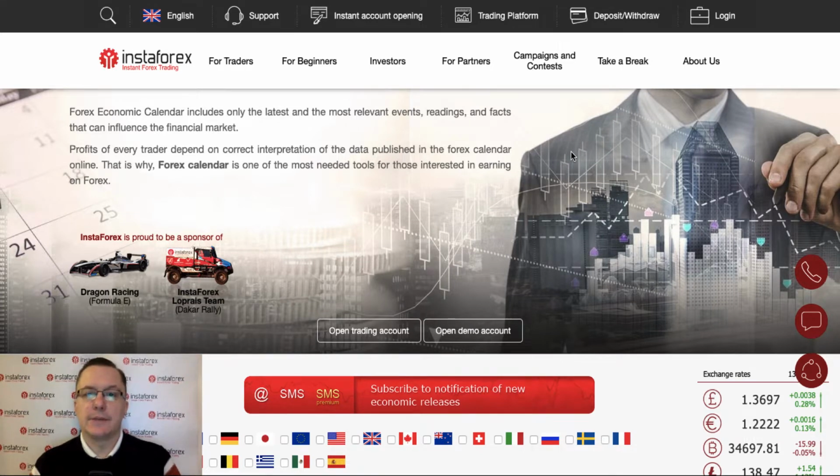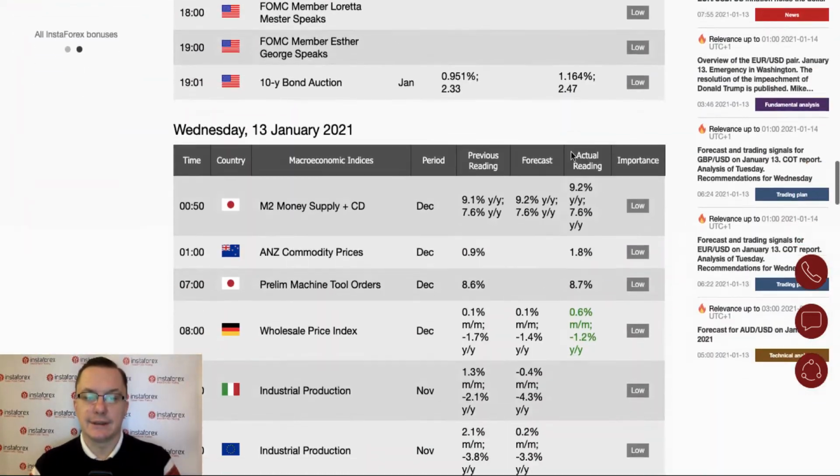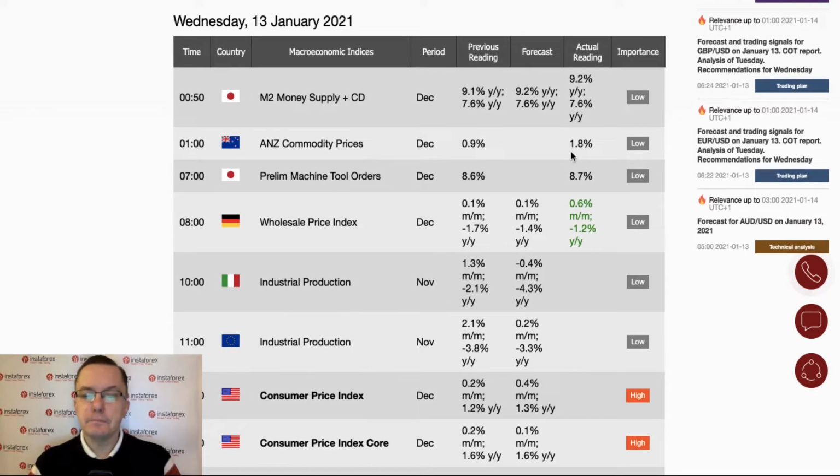Let's take a look at the Forex calendar and then we will take a look at the appropriate technical picture of various Forex currencies. So let's just swipe down towards today's date, Wednesday. Some data had been already released during the night time. Most of it is not that important for the traders.